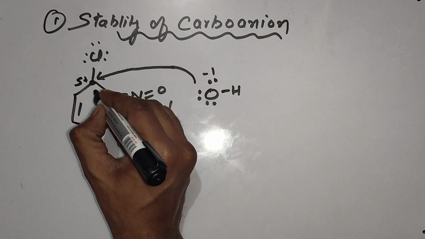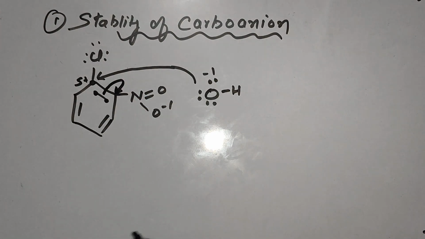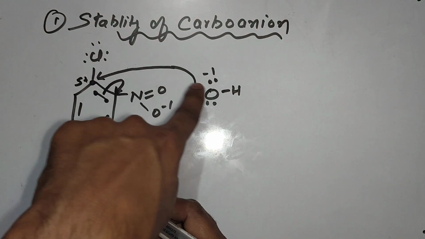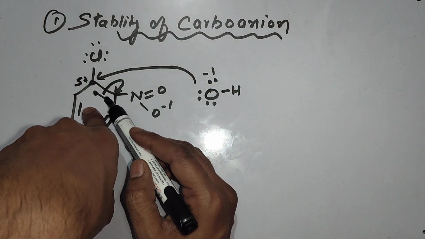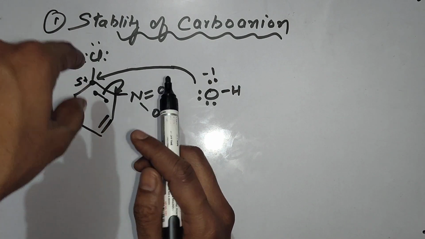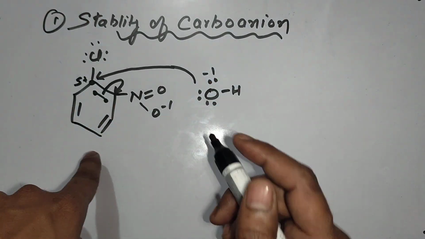So carbon doesn't need electrons. Oxygen is bringing electrons for bond formation. So what will happen? These pi electrons will be further shifted toward this carbon. These electrons will push these pi electrons to this carbon. Not sigma electrons, only pi electrons, because pi bonds are easily breakable. They are weak as compared to sigma.